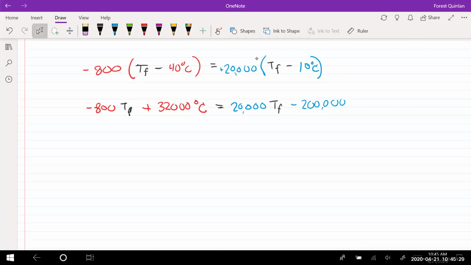Just doing the math, we get 20,800 times TF is equal to 232,000 degrees C.